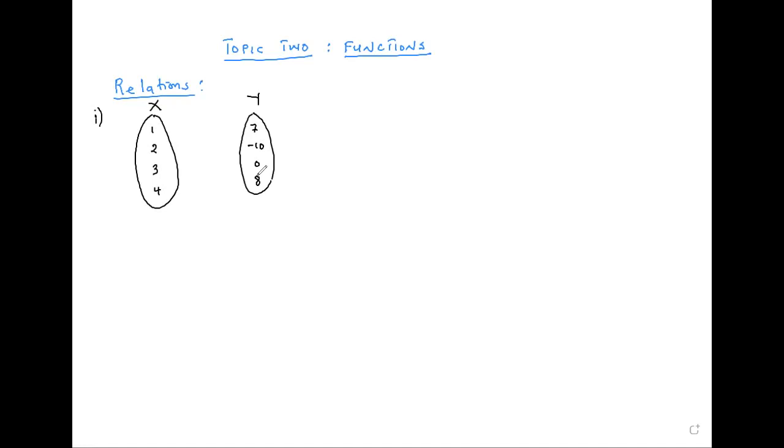Then we'll have a map that gets numbers from X, taking them to numbers in Y, like this. So a relation of this nature is going to be called a one-to-one relation.